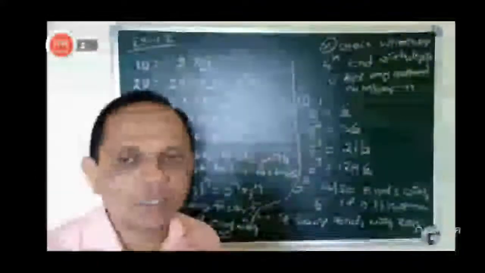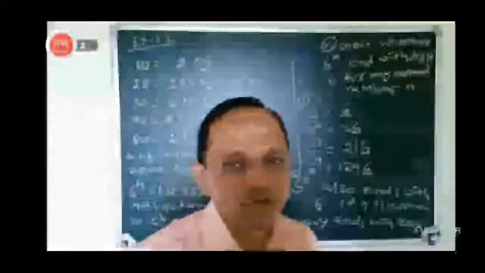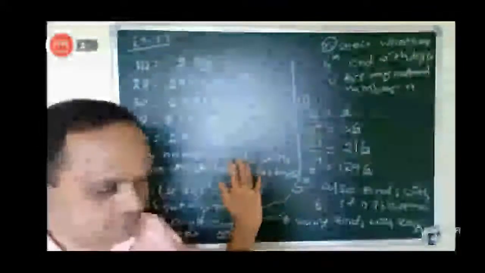Otherwise, when a number ends with 0, it must have the factor 5. But 6 to the power n does not have any factor 5, so it cannot end with 0. This is number 5, and then number 6.